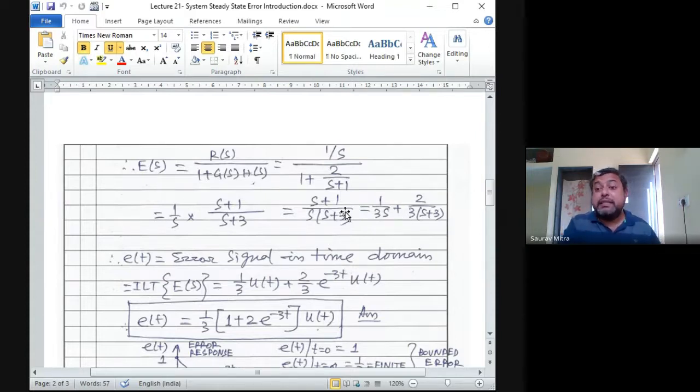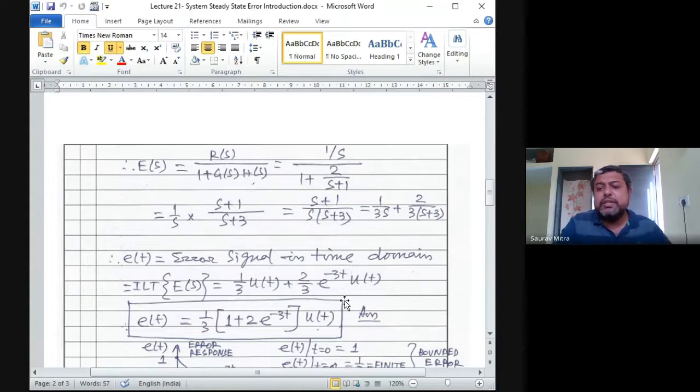How to find e(t)? E(s) you have found. Take 1 by 3 outside. Then what you get is 1 by 3 of 1 by s, that means 1 by 3 of u(t). That means this is a unit step response with amplitude 1 by 3. So this is a DC of 1 by 3 and 2 by 3 e raised to minus 3t. What is the amplitude of this 2 by 3 e raised to minus 3t? Any idea?